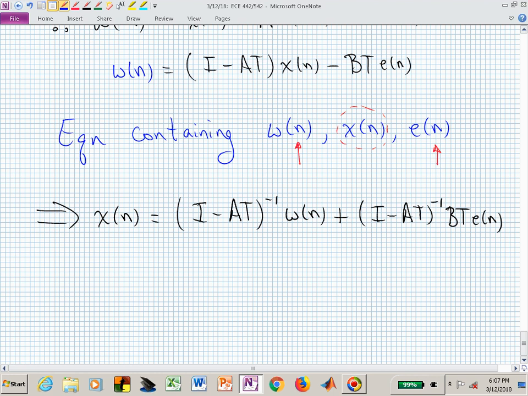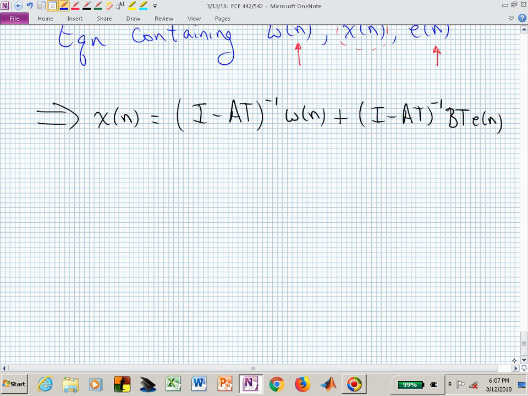And that will give me a dynamic relationship, a state space relationship for this backward numerical integration discrete equivalent strategy in state space form. Here's the time for the later, which was W of n plus 1 was equal to x of n.